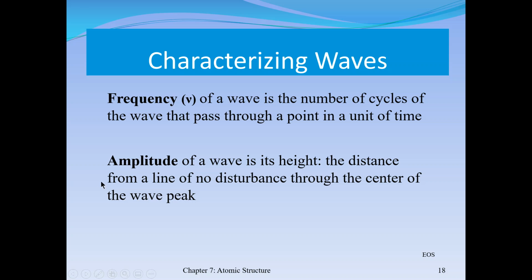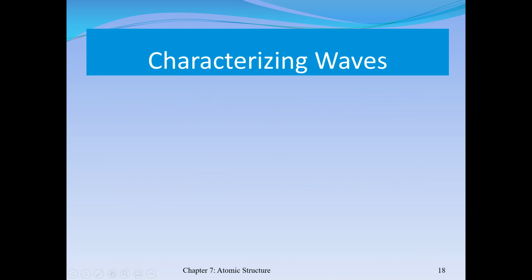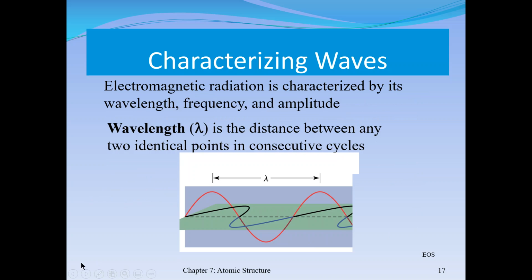And then we have the third characteristic here known as the amplitude. The amplitude of a wave is its height, the distance from the line of no disturbance through the center of the wave peak. So if I were to go back to this slide right here, and let me choose my writing function here, the amplitude of the wave here would be given by this distance, from here to the line of no disturbance here, right?